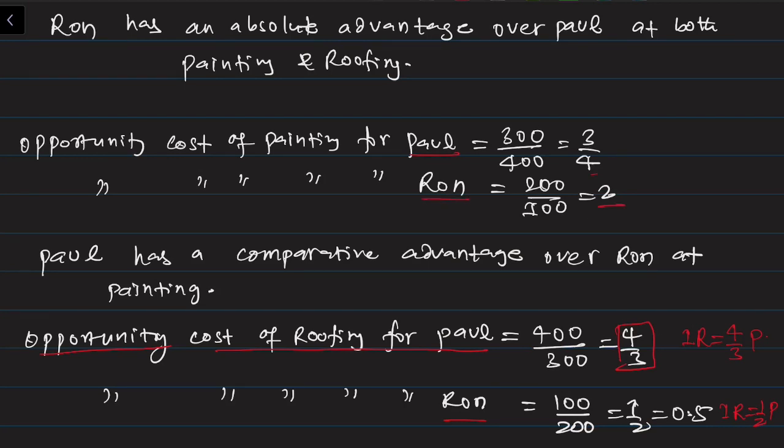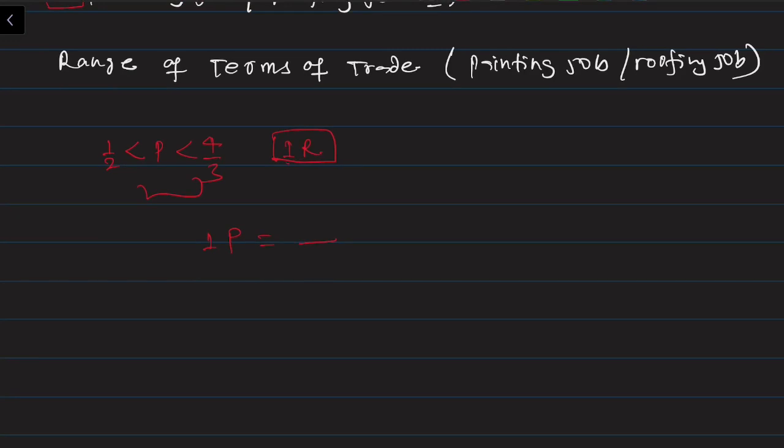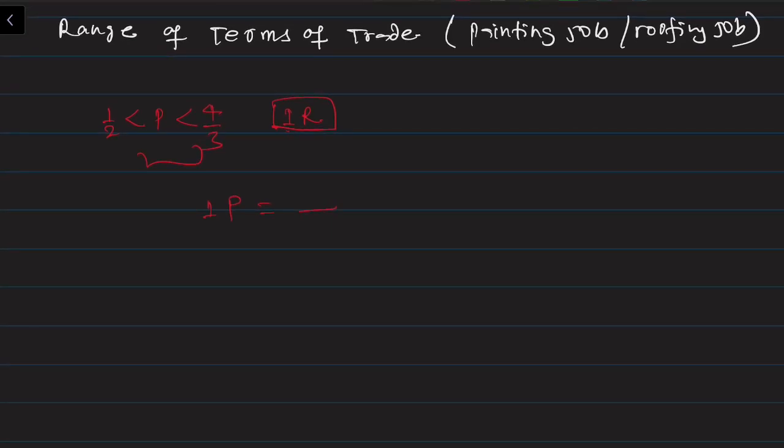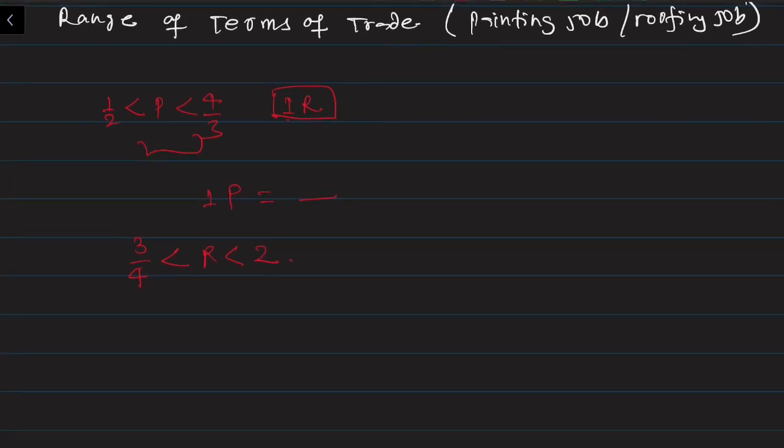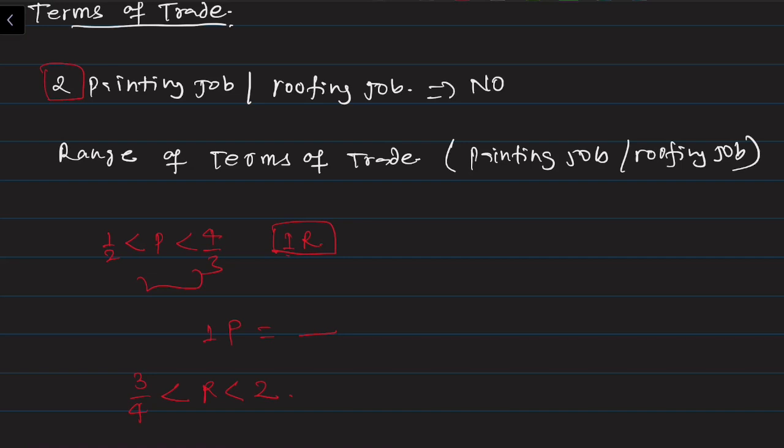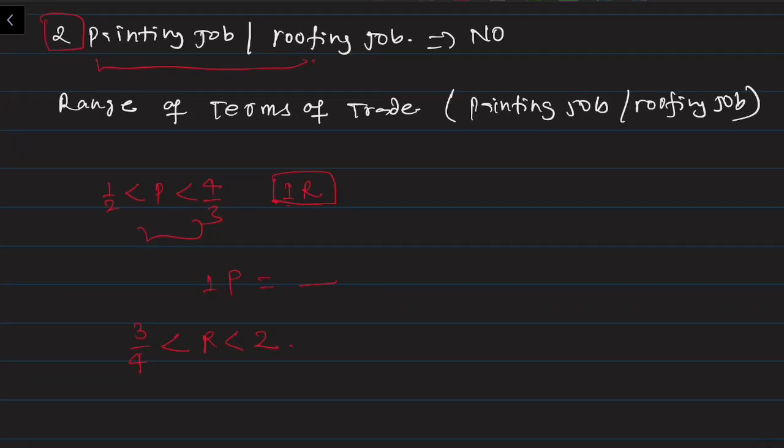So for one painting, Paul has to sacrifice 3/4 roofing, and for one painting, Ron has to sacrifice 2 roofing. So we can write the range of terms of trade as 3/4 should be less than 2, right? And whatever the question will be, we can answer based on these 2 ranges.